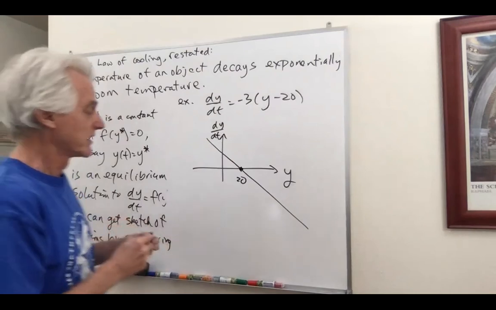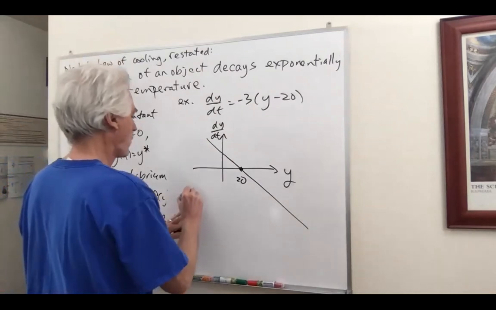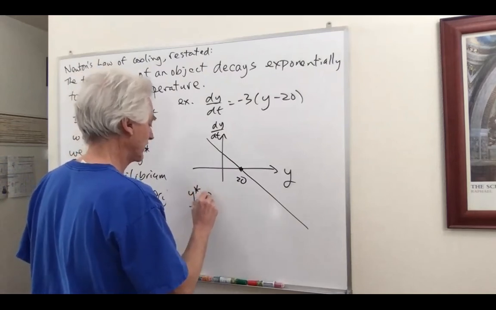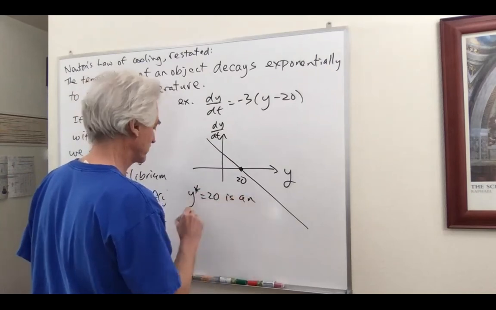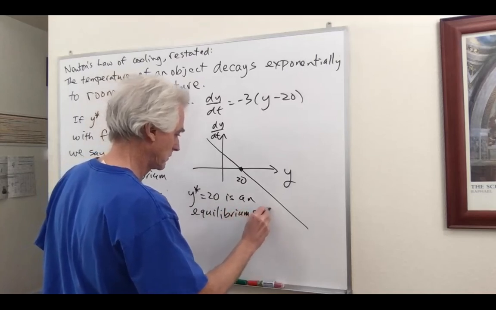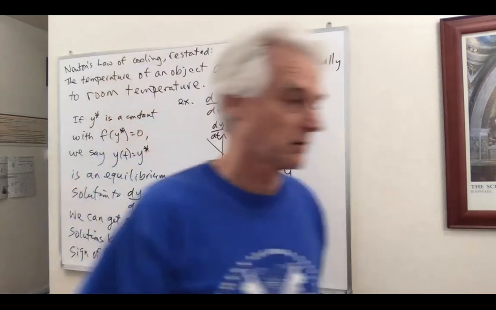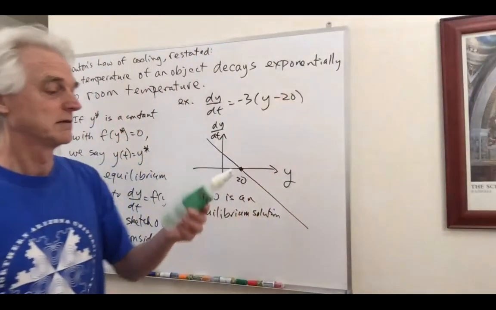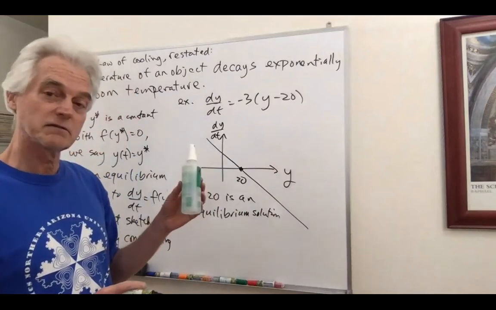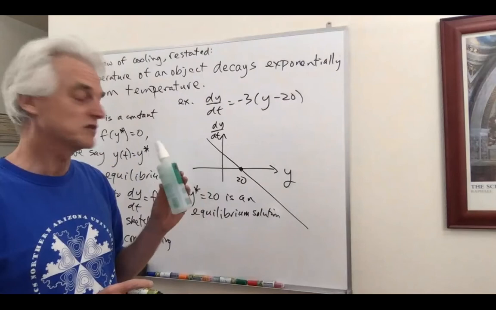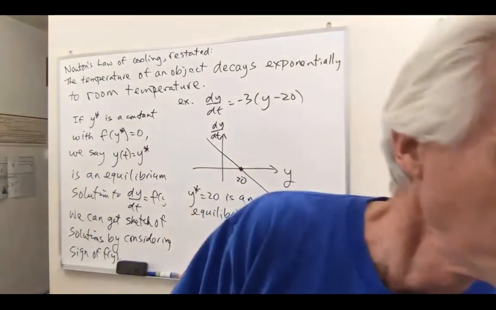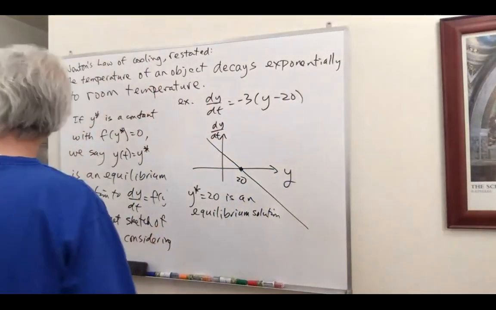So that means that y star equals 20 is an equilibrium solution. Okay? If I take this object here, that's at room temperature, and I measure its temperature as time goes on, it will be at room temperature now. 10 minutes later, it will still be at room temperature. This is at an equilibrium temperature. Everything in this room is, right? Except for the coffee cup.